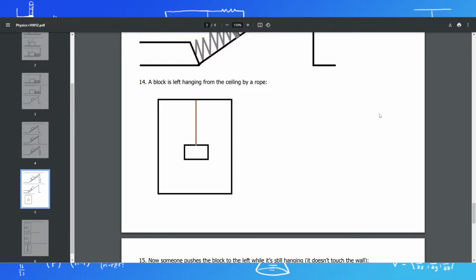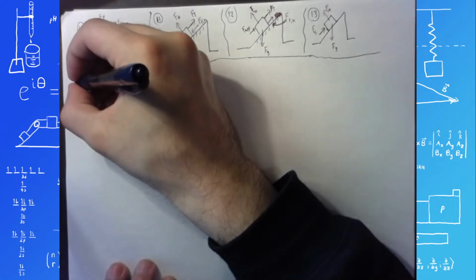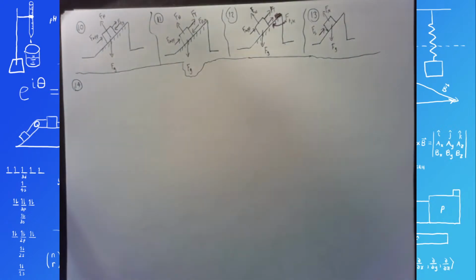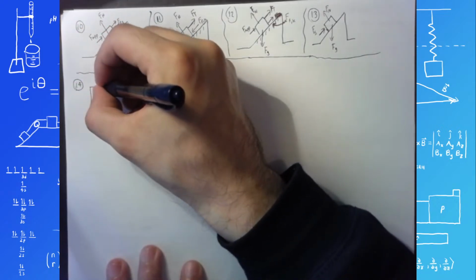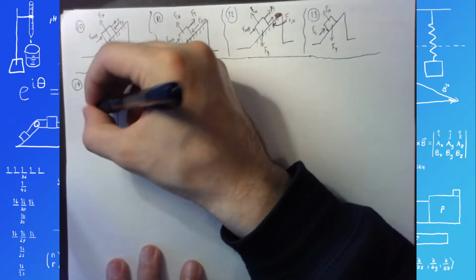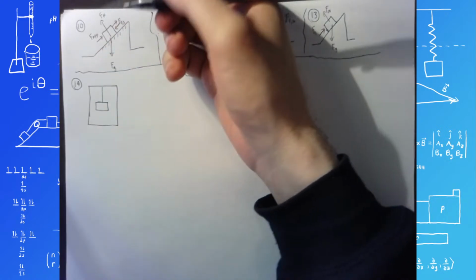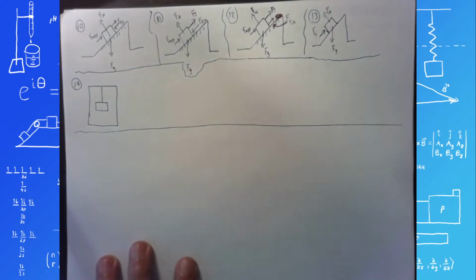Scenario 14, a block is left hanging from the ceiling by a rope. Okay, what forces are acting on this?